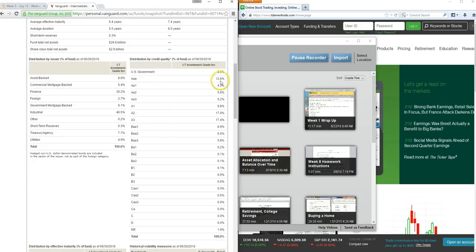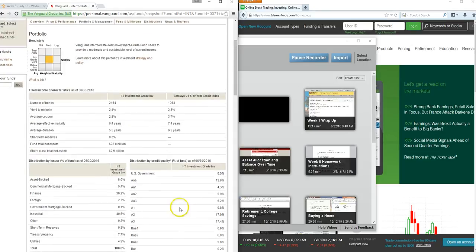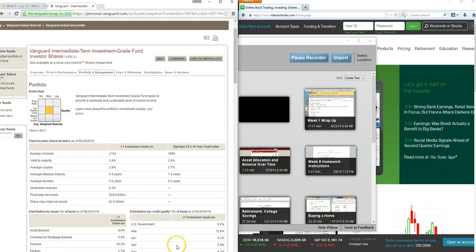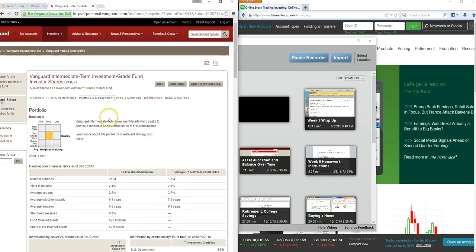So 12, almost 13% are AAA, and then again, A is A. There's a few B's, and again, some of those B bonds are not as financially solid as an A bond, and then really nothing in the junk category at all, maybe one or two. So overall, it's a pretty risk averse bond fund across a lot of different companies and a lot of different industries.